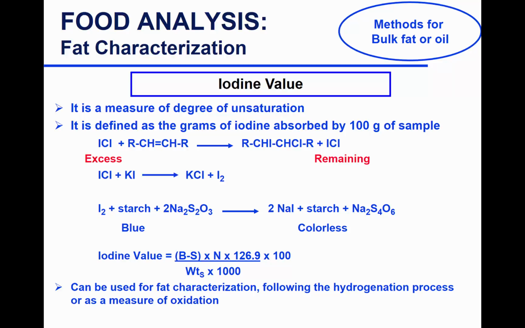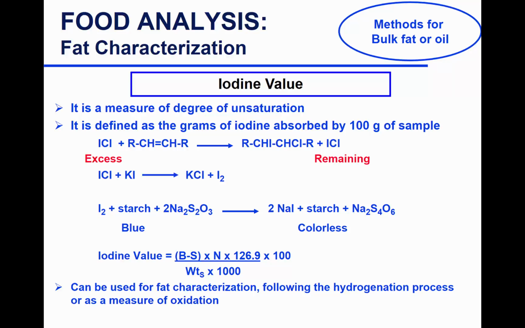Then you mix the excess or remaining iodine chloride with potassium iodide, and you get iodine.